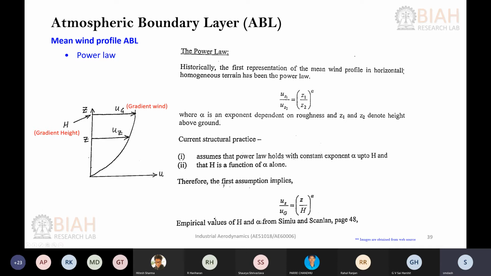Sir, can we say that below D is the laminar sublayer, so we cannot use the logarithmic equation? You can say that the velocity values will be very small, but still there will be some form of fluctuation.